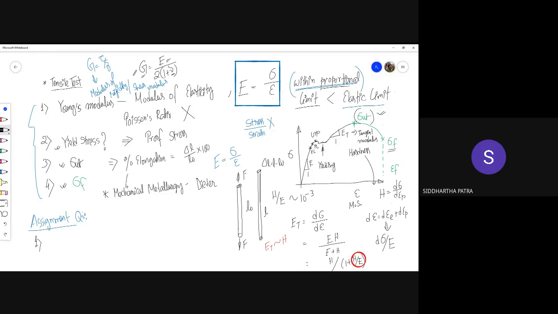And same thing is percentage reduction in cross section. You see, as the material elongates, its cross section also reduces. Let's say we started with a uniform cross section area of A0, and it ended up having a minimum cross section of A. Not everywhere the cross section will have the same value once it is completely deflected.